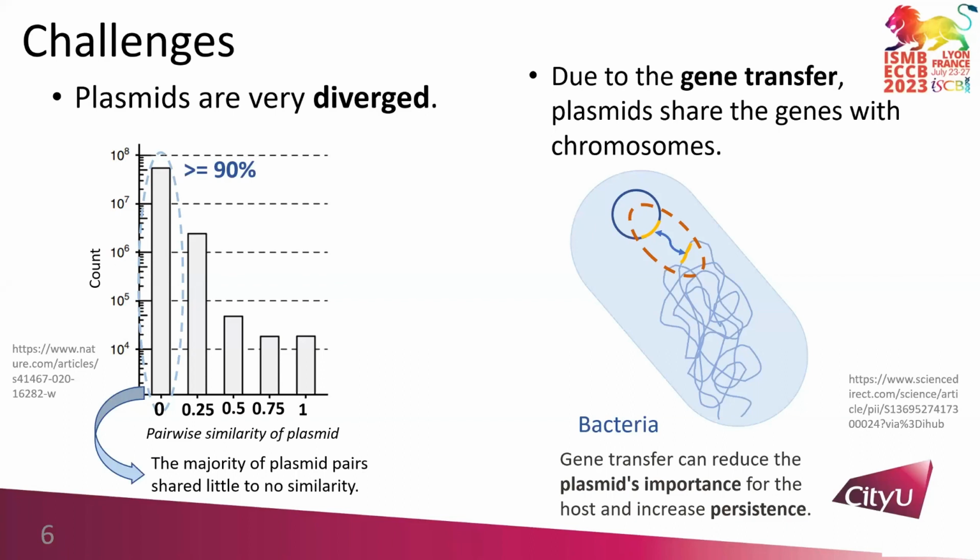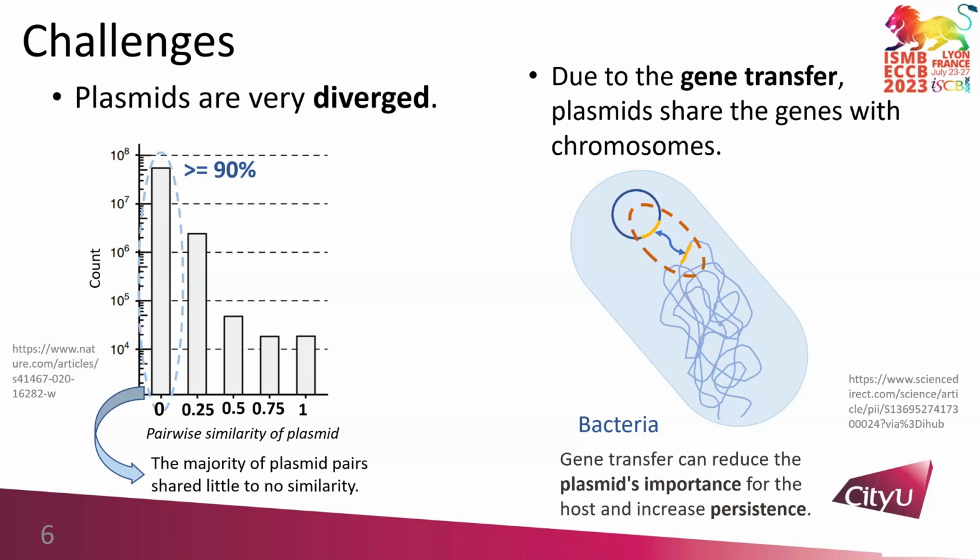There are two main challenges. One challenge is that plasmids are very diverse. Here is a histogram showing the pairwise similarity of plasmids. The x-axis is the similarity, and the y-axis is the count of the pairwise alignments, scaled by log.